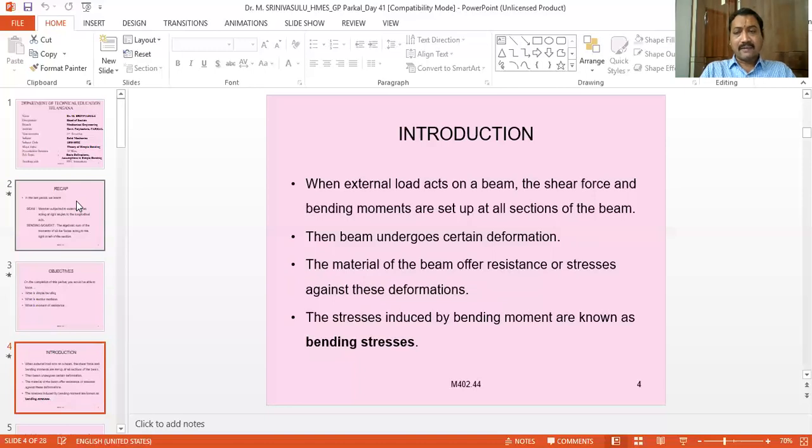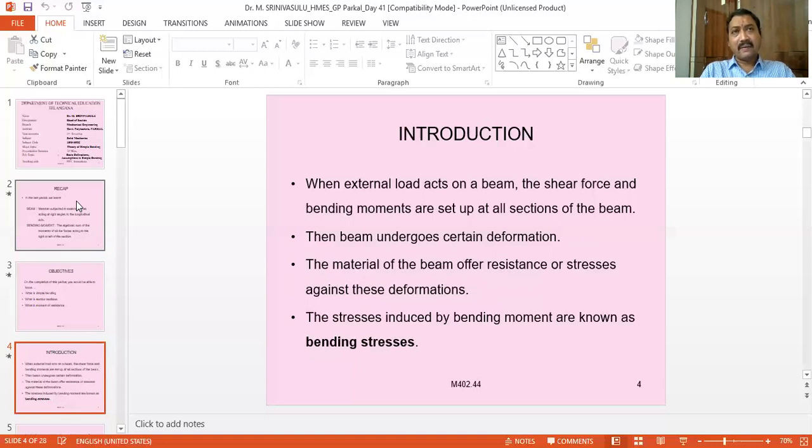So whenever a load acts on the beam, what happens? The beam will try to resist that external force. That means it will develop internal resistance. So at any point, the amount of internal resistance offered by the beam is equal to the external force acting at that point. These internal resistances are nothing but the stresses developed in the material, due to the bending moment.